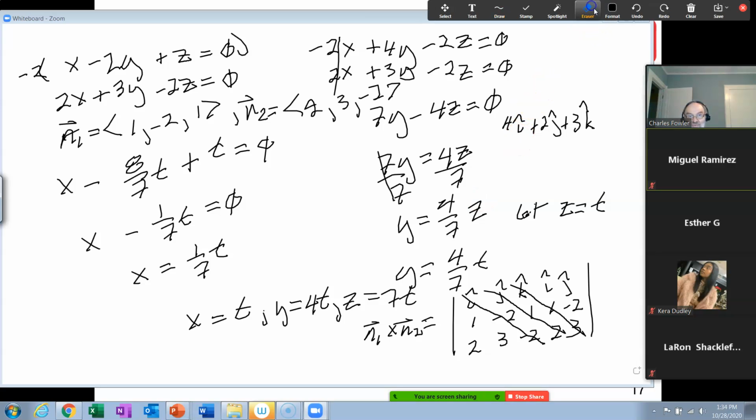Let's see if I can get them to erase. Okay, I lost my j and part of my k. Now let's do our up diagonals, and that's going to be plus 4k.